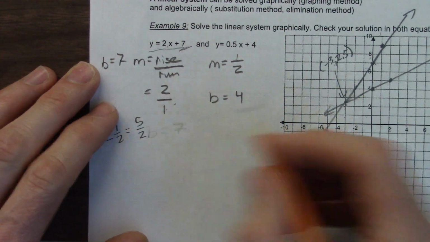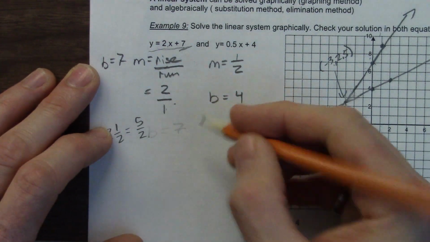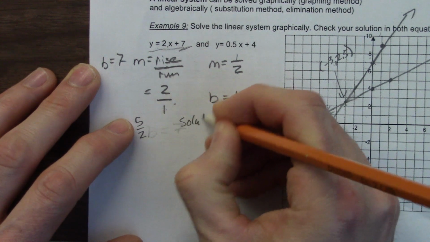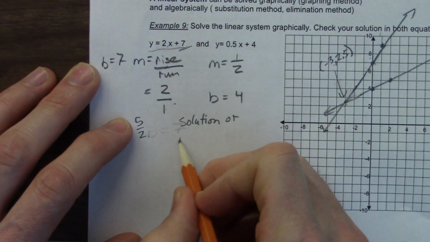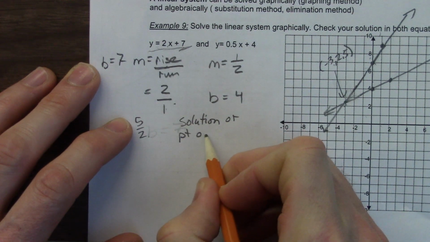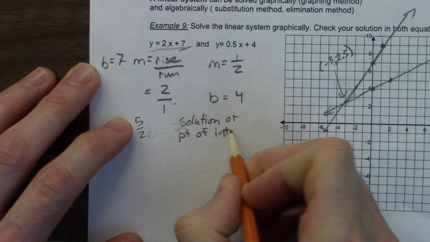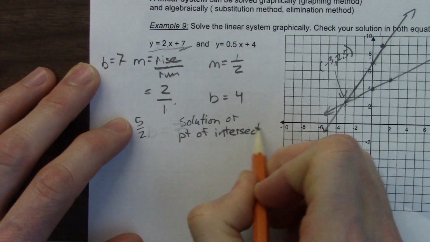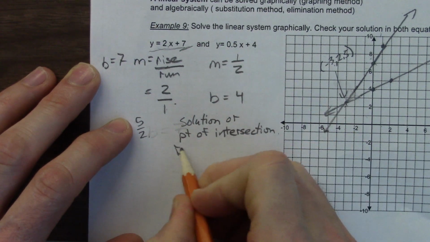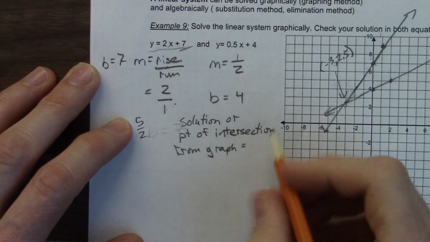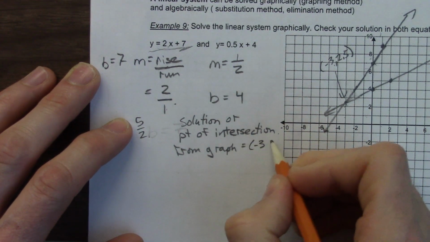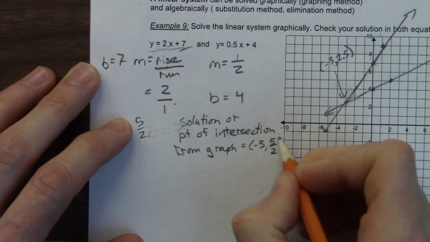So here my solution or point of intersection, they're the same thing, from graph is equal to negative 3, 5 over 2.